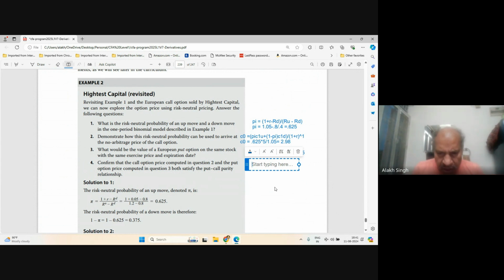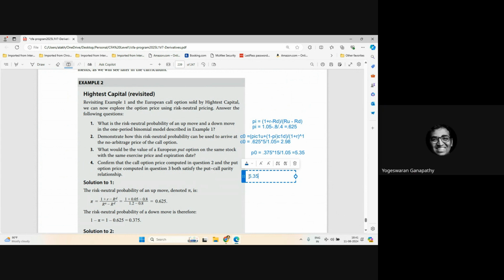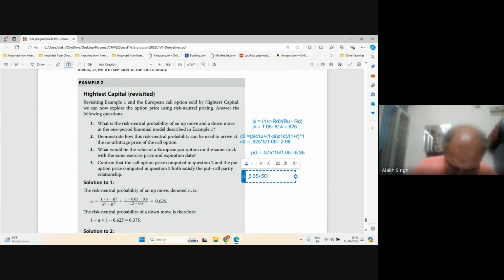P0 is 5.35. And S0 was 50. Plus 50 is equal to C0. C0 is 2.98, plus the present value of 55. How much is that?